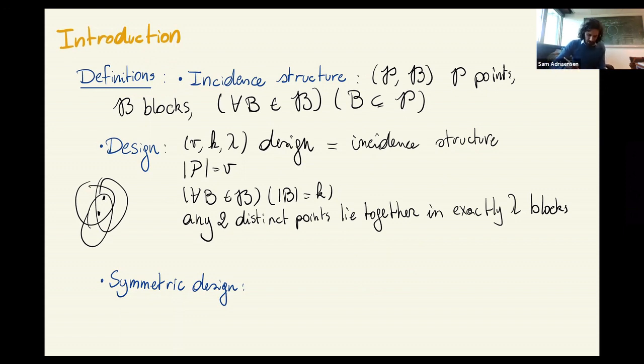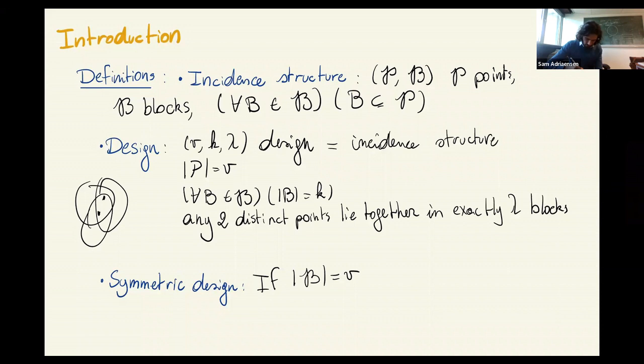And then we have the inequality by Fisher, who tells us that the number of blocks will always be at least equal to the number of points. And in case we have equality, we call this a symmetric design. And the nice thing about the symmetric design is that now you can interchange the role of points and blocks, and you get, again, a design with exactly the same parameters.